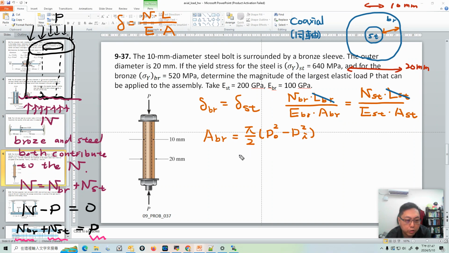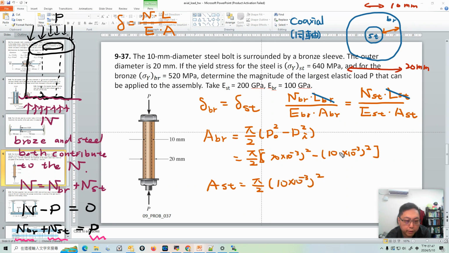So what's the value? Pi over 2, D is 20 millimeter squared minus 10 millimeter squared. And what about the A_ST? A_ST is much easier. A_ST only is here, so it's 10 times 10 to the power minus 3 squared.